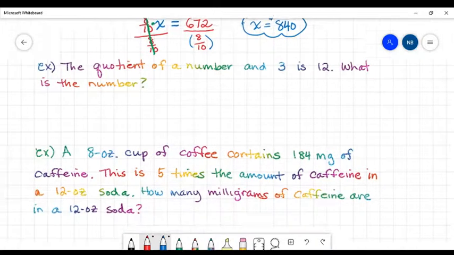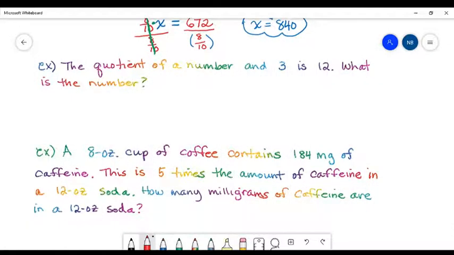All right, the next example is demonstrating the use of the word quotient. Quotient means fraction, basically. The quotient is the answer to a division problem, and a division problem can be symbolized with a fraction. So we're going to let x equal the number, because that's what it tells us to find.